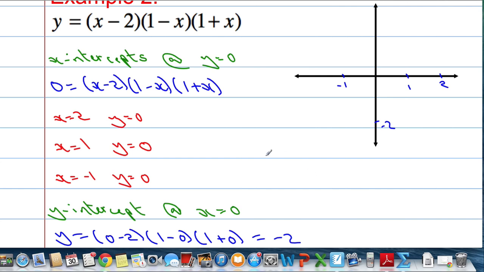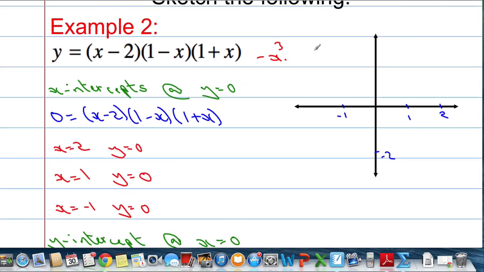And then finally I need to consider the shape of the graph. Well, I'm going to have x times a negative x, which would give me negative x squared, and that negative x squared is going to be times by x, which would give me a negative x cubed value. I'm going to have negative x cubed, which means it must have come from this direction.